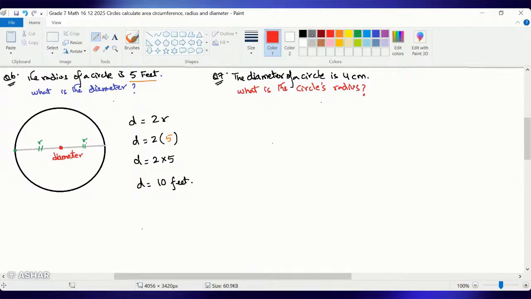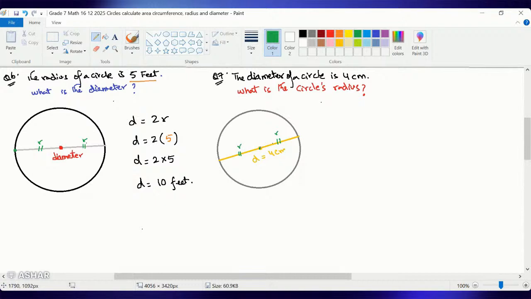So what happens over here is, if we had a circle given to us, the diameter was given to us, passing through the center, the diameter was 4 centimeters. And this is radius and this is radius, from the center to the circumference.